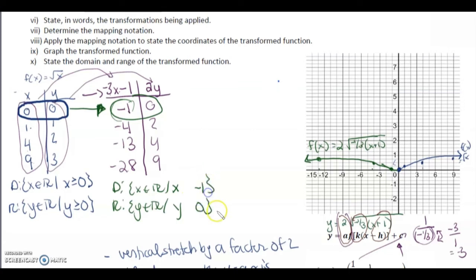What we have to do is take a look at our graph and ask, what way is this opening? So the x values go to -infinity, so x is less than or equal to -1. And then the y's go up forever, so y is greater than or equal to 0.